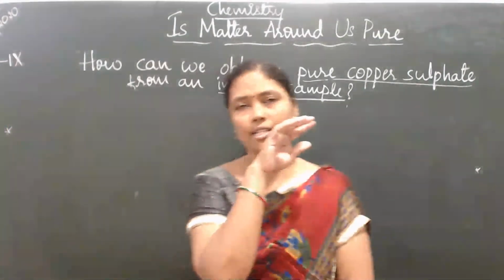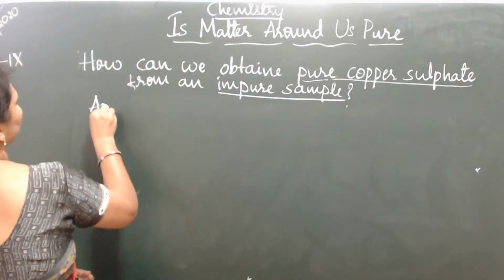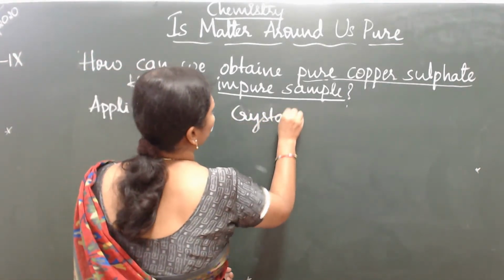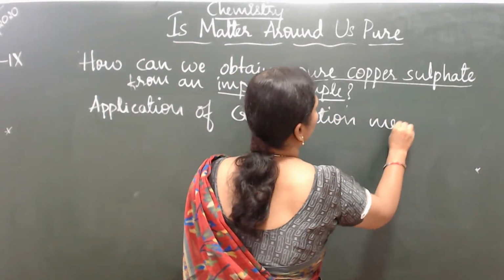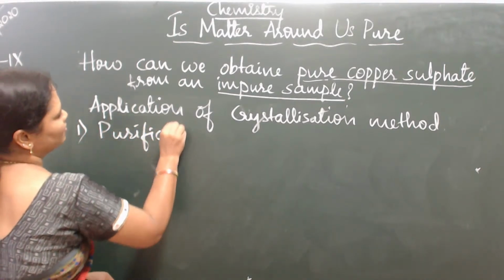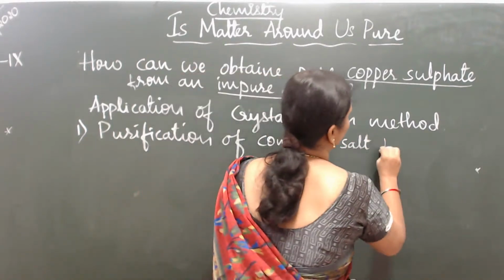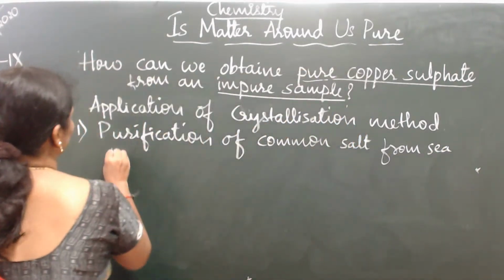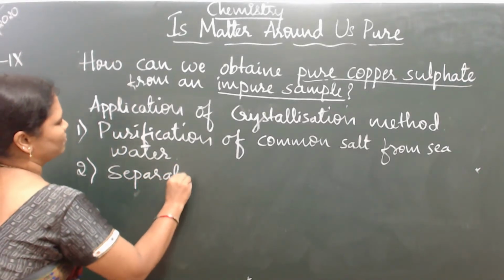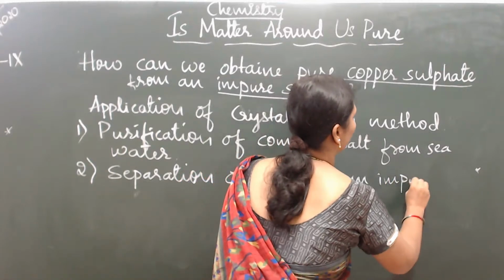The crystallization method is used in the purification of common salt from seawater, and it is used in the separation of alum from an impure sample.